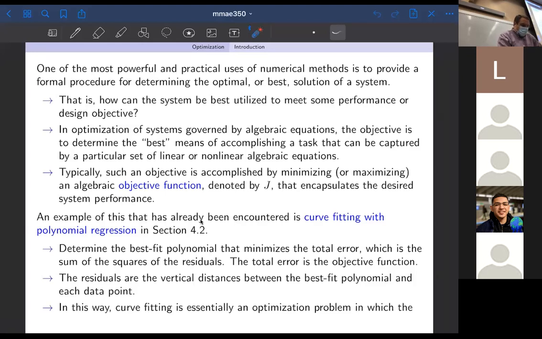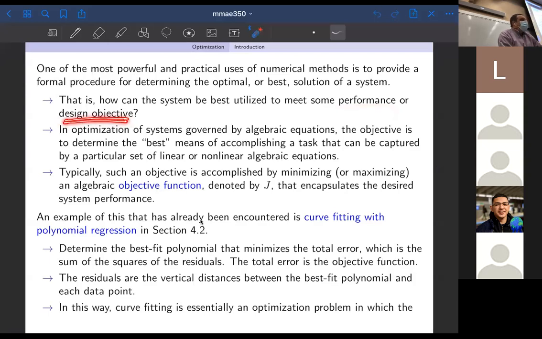Usually what's happening is we're testing some sort of performance or design objective. We have some way of quantifying the performance of our system or our process. We'll talk mainly in terms of systems as mechanical and aerospace engineers. So we have some way to quantify how well it's performing, and we want to accomplish some sort of design objective.